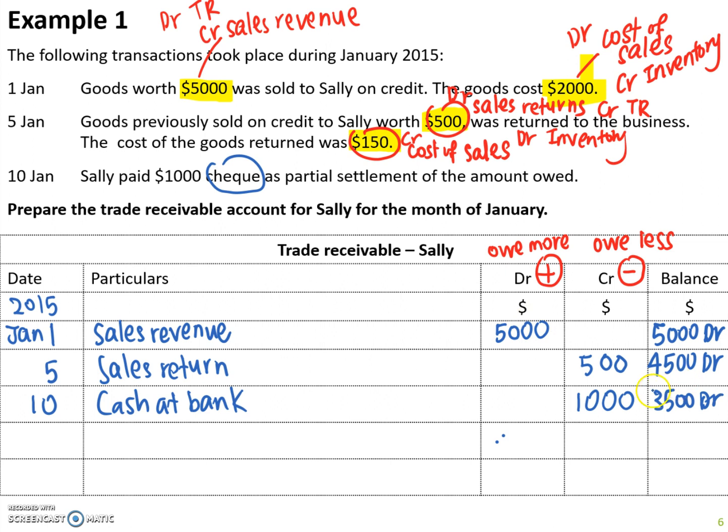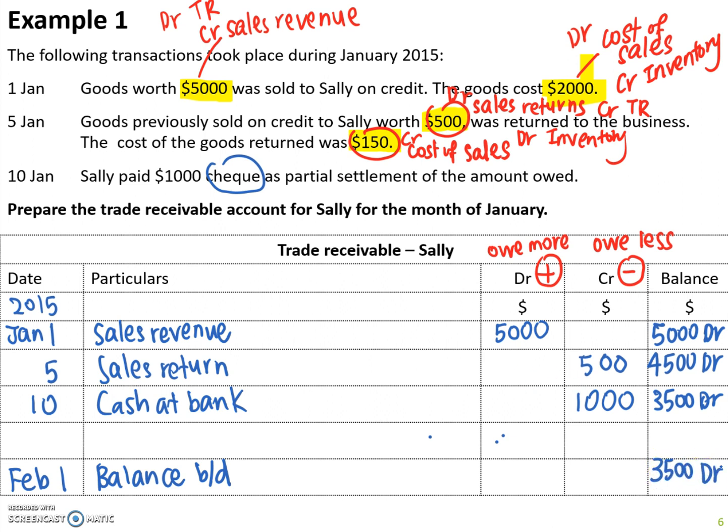Okay, and now from here we can see that Sally actually owes the business $3,500. Remember to bring down February 1st balance brought down with $3,500 debit.